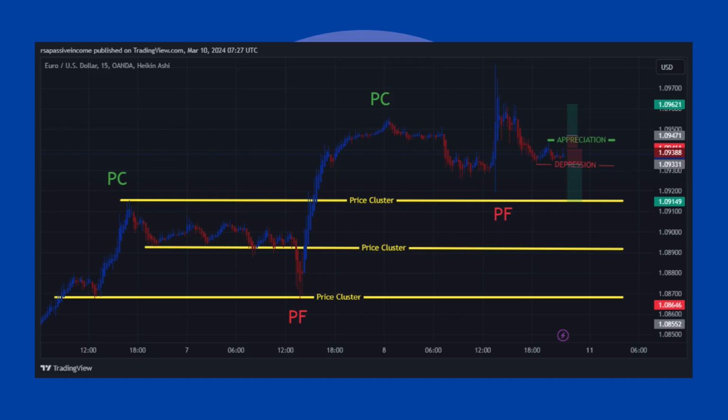All right. So, as you know, with our strategy, we first mark the price ceiling and price floors. As you can see here, there was a previous price floor, here previous price ceiling.